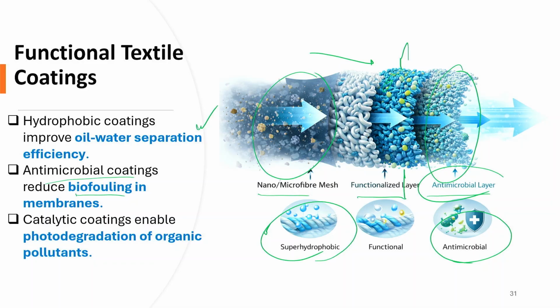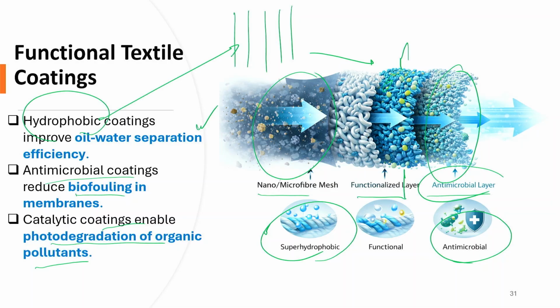So, catalytic coating is also there, which enables photodegradation of organic pollutants. So, we use different types of coating, even multiple coatings within one textile structure, a multi-layer structure. In one layer we can have hydrophobic coating, which will enhance the water oil separation efficiency.